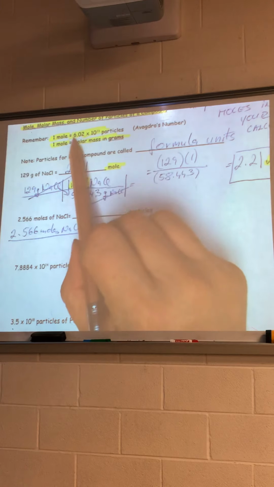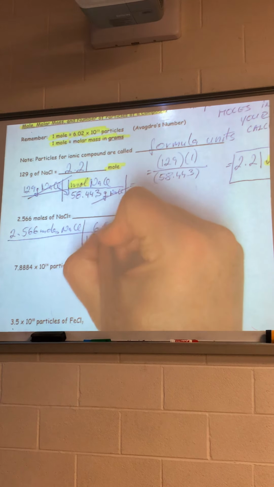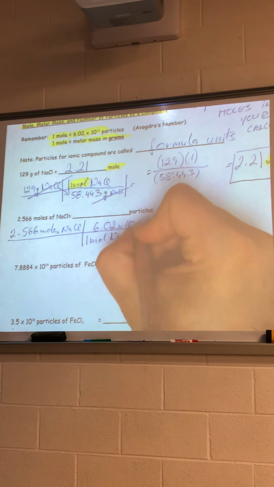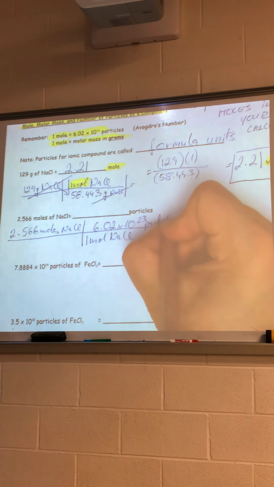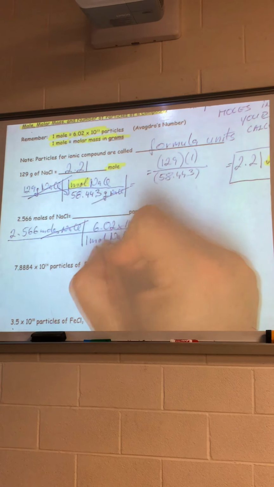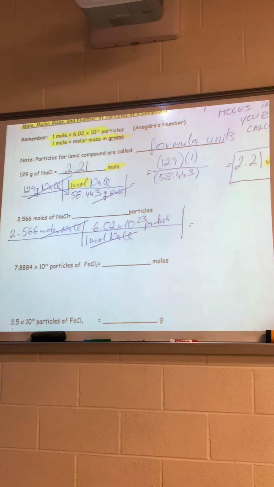Has Avogadro's number of particles, which is 6.02 times 10 to the 23rd particles. I cancel my moles, and I'm left with particles, which is what I want.